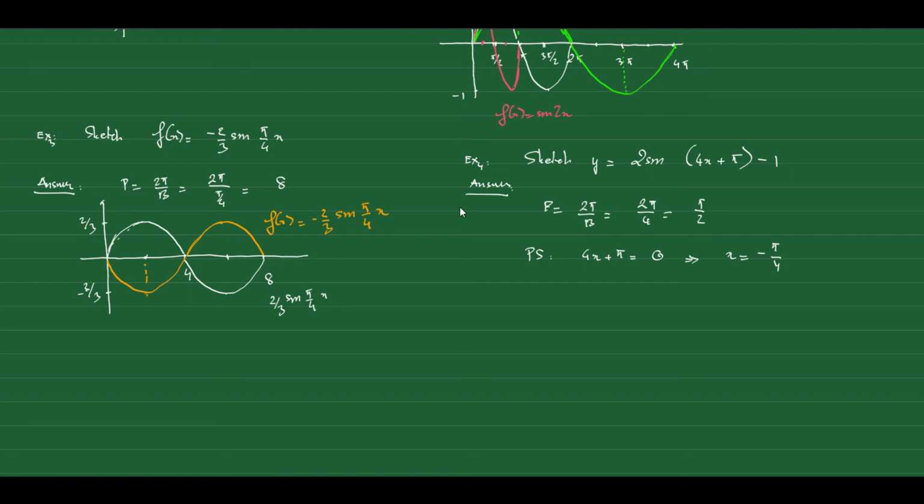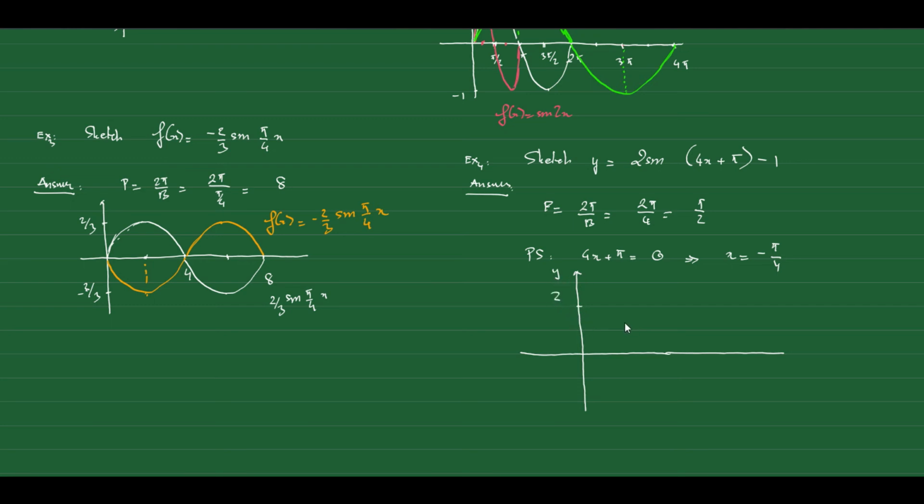But first of all, let's sketch the one with period pi over 2, and amplitude is 2.